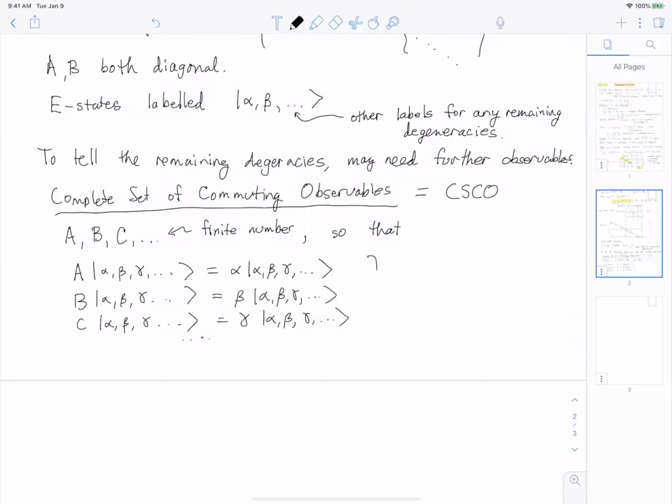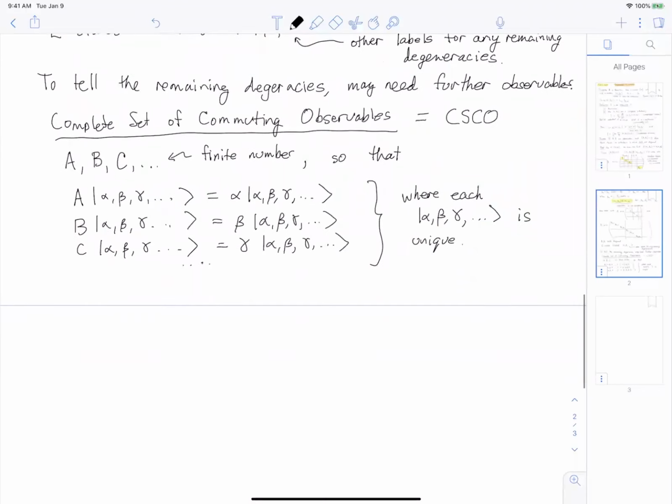And here's the key thing: if you've chosen these eigenkets, they have to be unique, so that each alpha, beta, gamma ket is unique. That means if you choose the eigenvalues alpha, beta, gamma, there's only one ket with that set of eigenvalues. Okay, and so then this complete set of commuting observables, A, B, C, however many there are, are all diagonal in this basis.